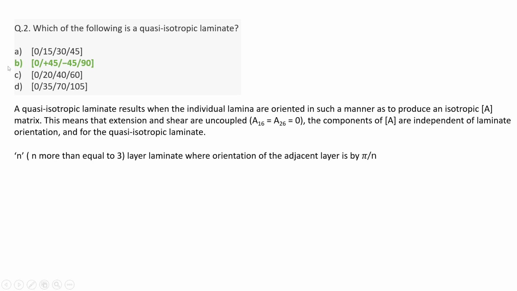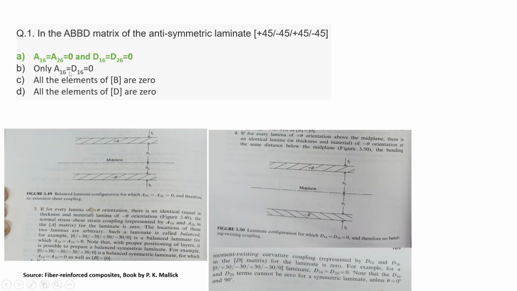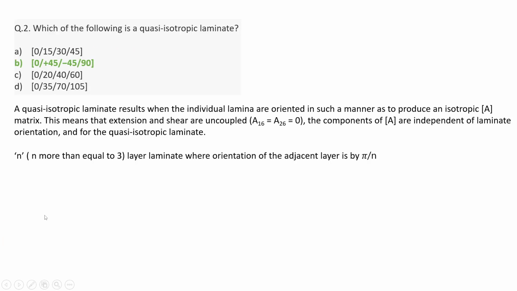So option B here will be the one which has a 45-degree difference in the adjacent layers, that is 0 and plus 45, and also minus 45 and 90. Then you will think that between plus 45 and minus 45 it's 180. It's not 45 degrees. So here, if we take a midplane, these 2 points, this point and the third point, will form the balanced laminate.